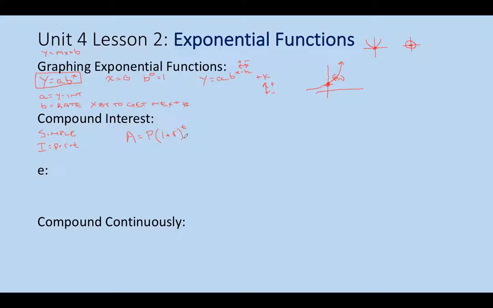And this is compounded annually, but there are other ways that we can compound things: semi-annually, quarterly, monthly, daily. And when that happens, what we'll do is we'll simply take principal times 1 plus, the same up till here, but now we're going to take the rate and divide it by n, and then take the time and multiply it by n.